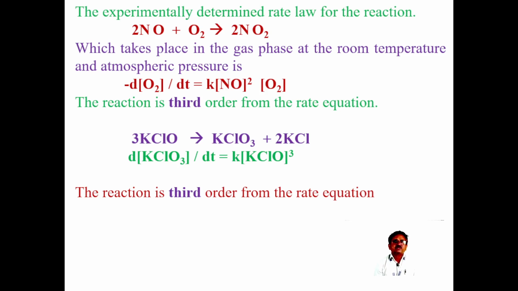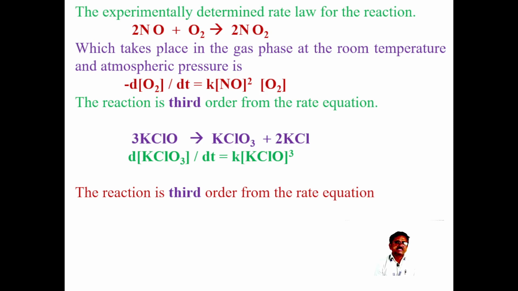The reaction is third order from the rate law equation. Third order how? Because NO is raised to 2, that is 2, and O2 raised to nothing means 1, 2 plus 1, 3. So, the overall order is 3, individual order with respect to NO is 2, and individual order with respect to O2 is 1, but overall order is 3, that is the sum 2 plus 1 equals 3.